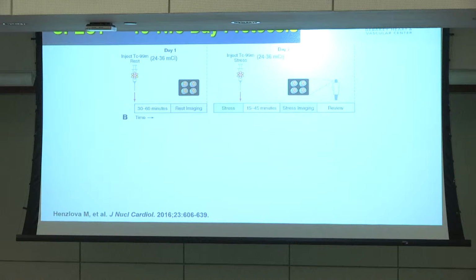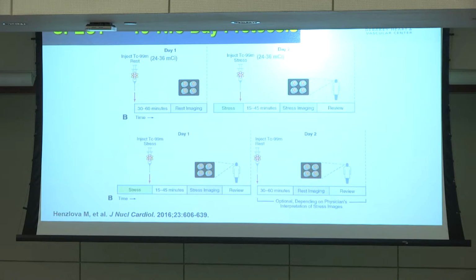and you're going to require large doses anyway to be able to get good image quality, I think you can start with a 2-day protocol. Now, in a 2-day protocol, it doesn't really matter much whether you start with rest or stress. Personally, in our lab we have adopted a stress-first approach always. Why is that, whether it's a single-day or 2-day protocol?